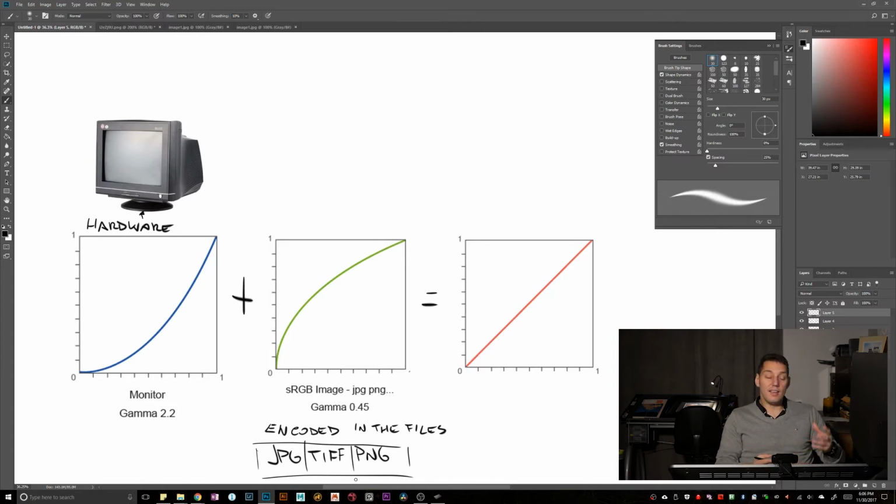But then if by any chance you see any of these images on a CRT screen, you won't see them correctly. So for legacy reasons and to keep compatibility, you can't remove this gamma 0.45 correction. So what did they do? They applied this correction in the LCD and LED monitors.